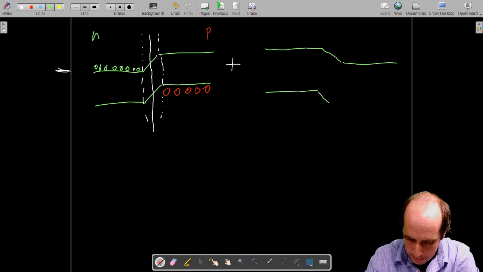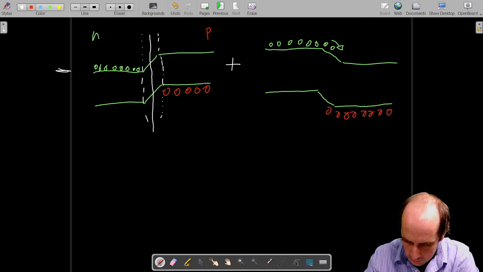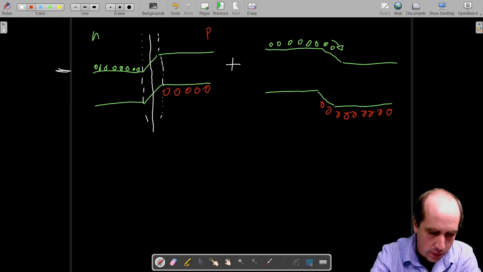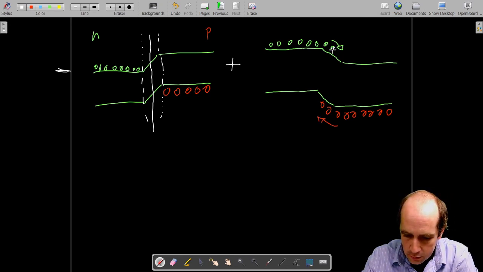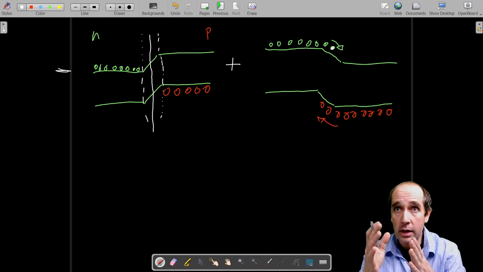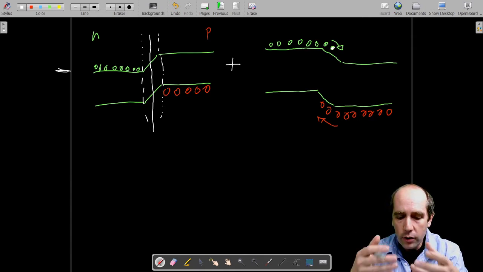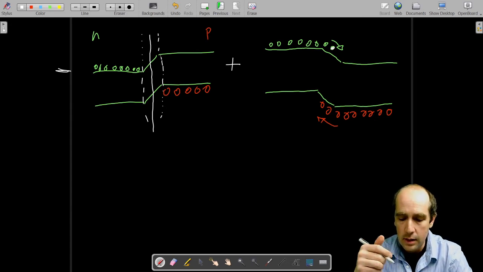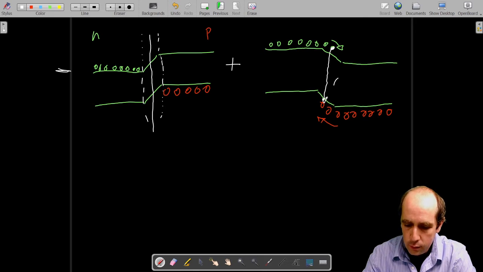So what we have is electrons here that are pushed into the depletion region, holes there that are also pushed into the depletion region, and what happens is that these electrons here now are spatially in the same position, so they are occupying the same physical space, but also, since we're assuming that this semiconductor is a direct bandgap semiconductor, these electrons can recombine here through the emission of a photon.